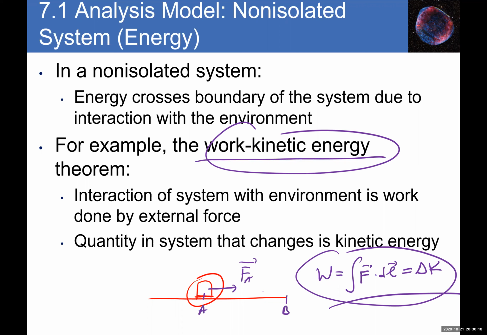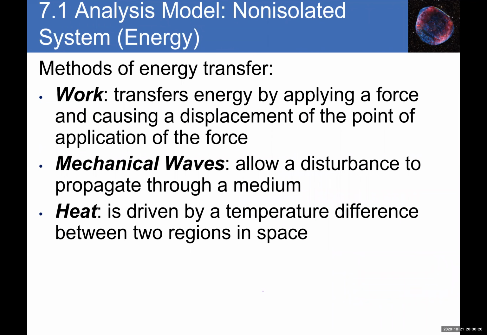And we're going to see there are several ways we can transfer energy. The first method of energy transfer is work, which was the entire chapter 6: transferring energy by applying a force and causing a displacement of the point of application of the force. But this is not the only way to transfer energy.